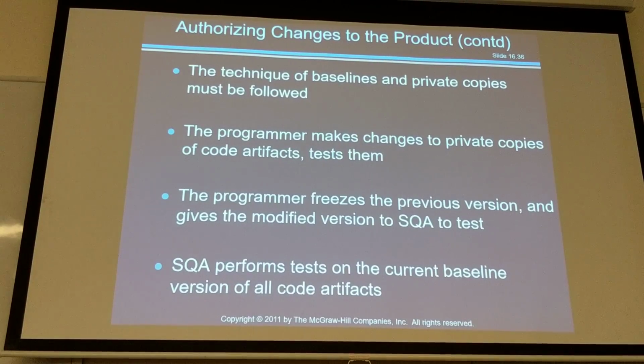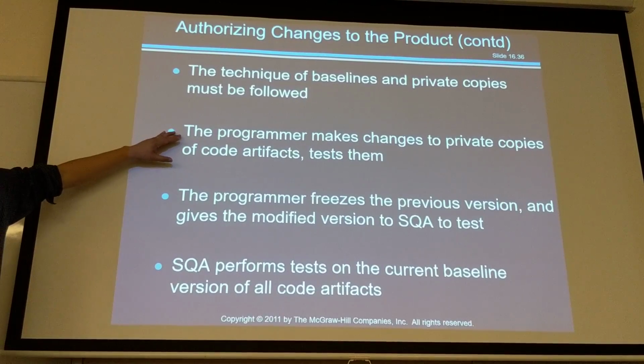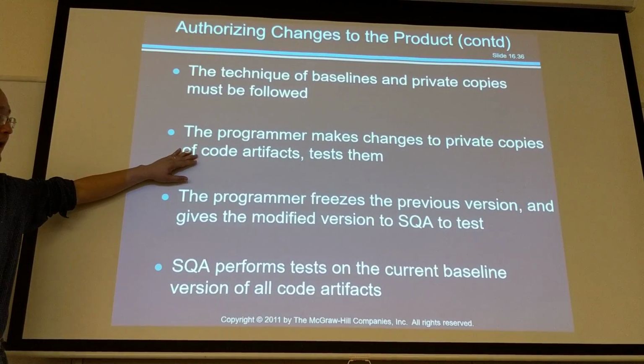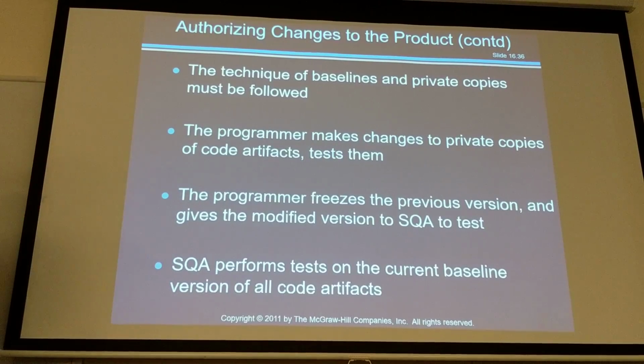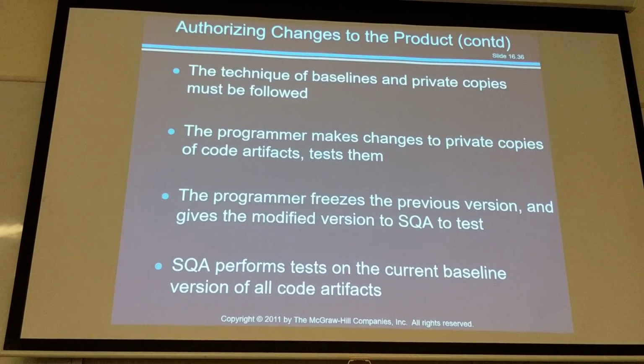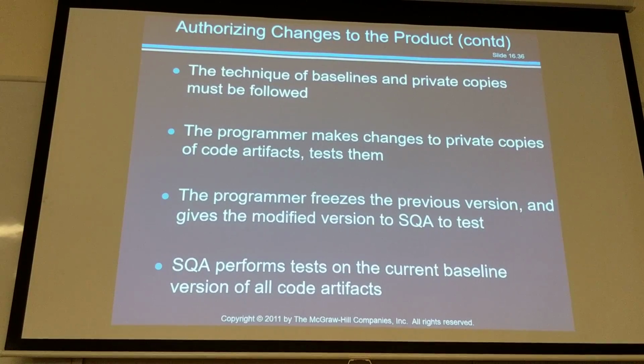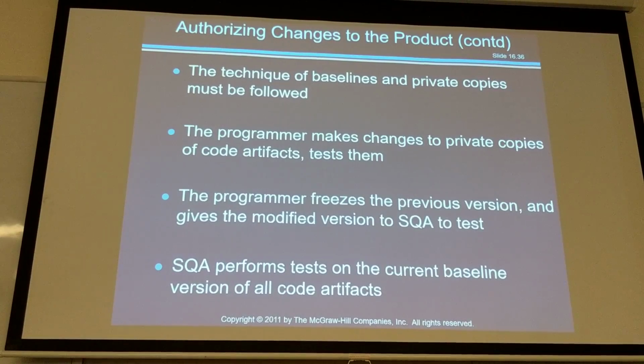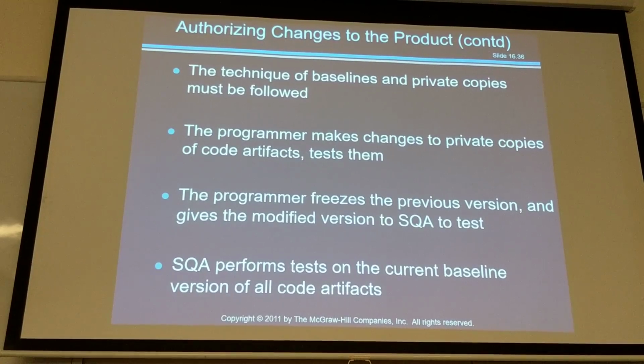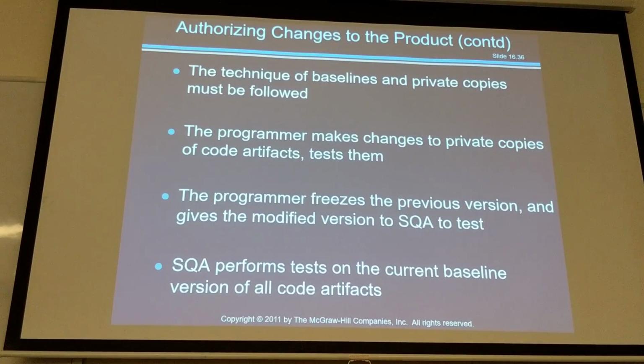Critically, you have to use a baseline private copy. The programmer makes changes to a private copy of the code artifact and tests them. So this is your team's Git repository, maybe on GitHub or GitLab, or another kind of repository. You're not going to modify and check in your code directly there.